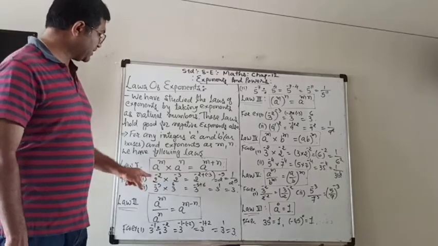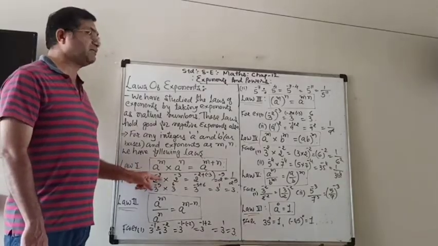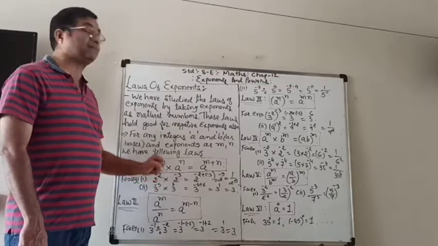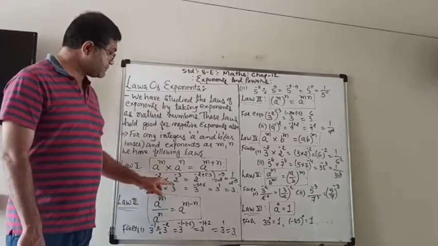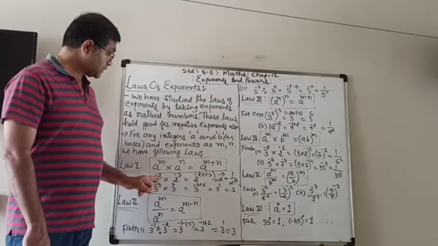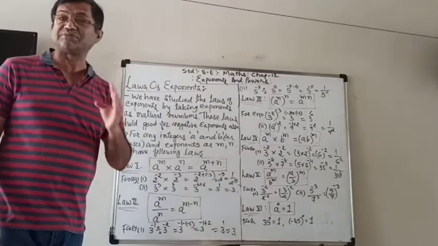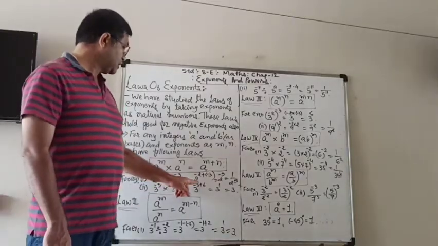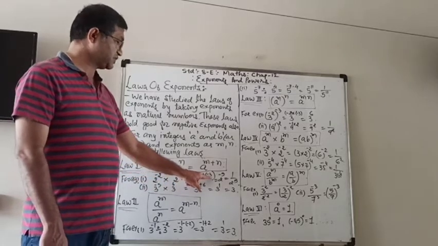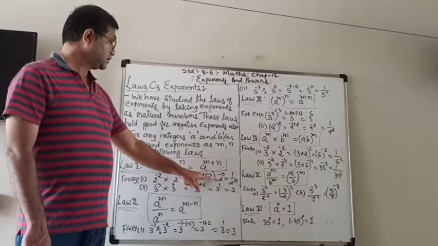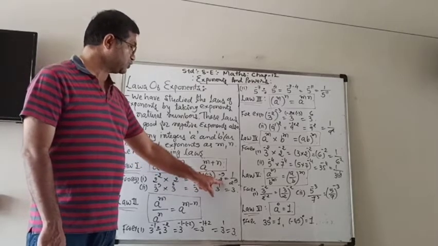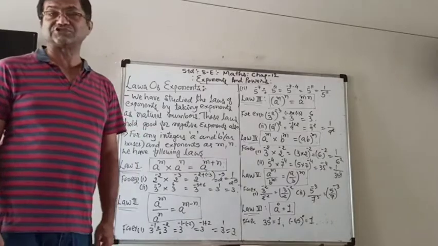For example, look at 2 raised to power minus 2 multiplied by 2 raised to power minus 3. Here you can see that the bases are equal. And then the powers, exponents, must be added. It means 2 raised to minus 2 plus minus 3. Then you know how to add negative numbers. It comes to 2 raised to power minus 5.